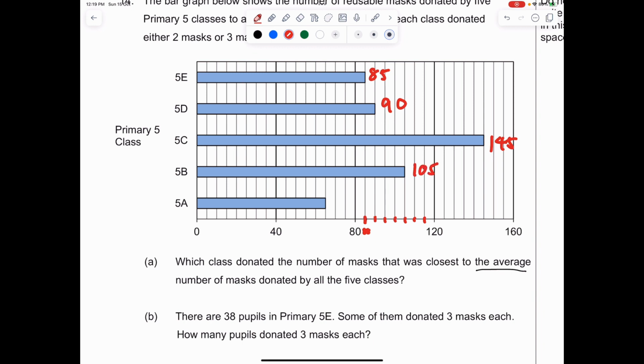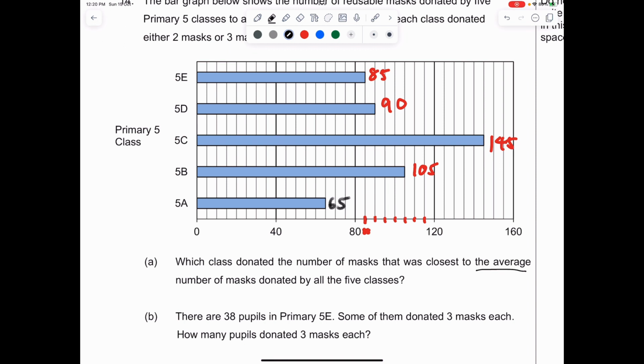And 5A would be 1, 2, 3, 4, 5, so this would be 65.